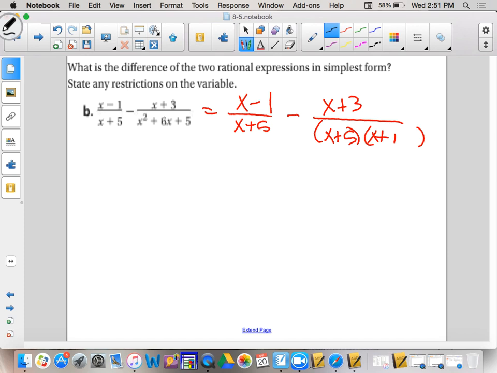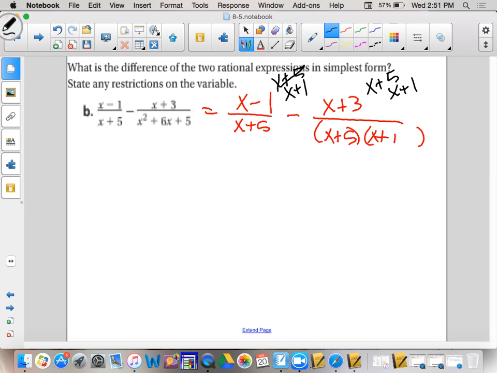Let's see, that would be x squared, that'd be 1, that'd be 5. Let's write it. That's what I got. Yeah, that's right. So x plus 5 and x plus 1? Is this the right problem? What you had? Yeah, that's right.